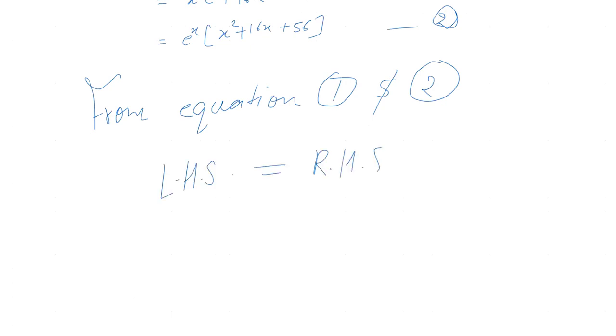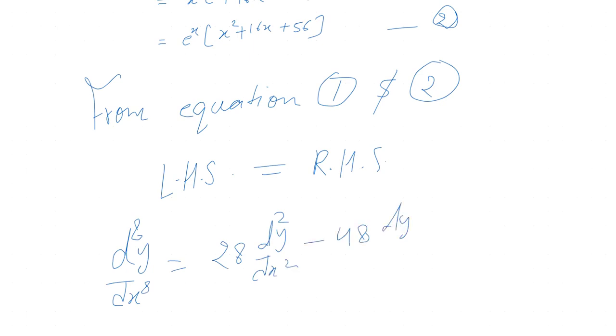Hence, we can show what they asked us: d^8 y over dx^8 is equal to 28 d square y over dx square minus 48 dy over dx plus 21y. Proved. Okay. You got each and every step?